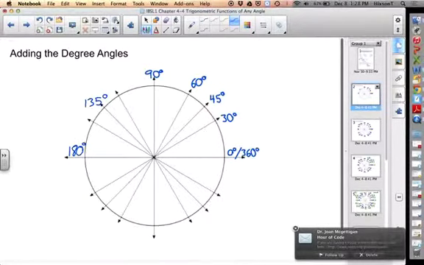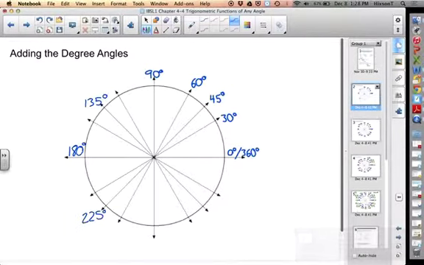And then the next 45 is here, that's 225. If you add 45 to 180, you have 225. Then if we add another 45, we're down here at 270. Then 315. And then we're at 360.